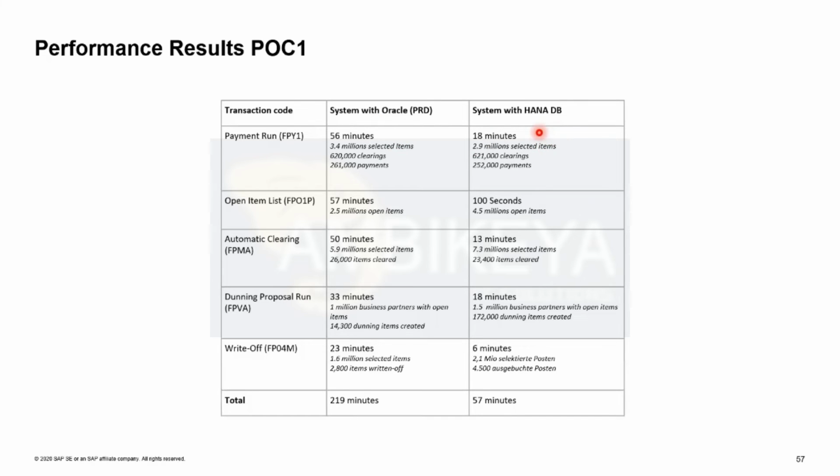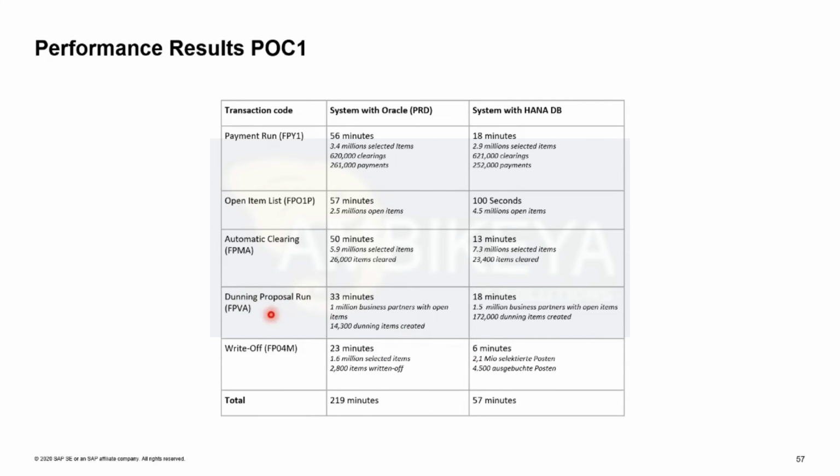It's always not really a fair comparison, but that's everything you can get in the end in real projects. Very impressive, I would say, the open item list from 57 minutes to 100 seconds with maybe nearly double the volume to be taken. Or the write-off run from 23 minutes to 6 minutes.